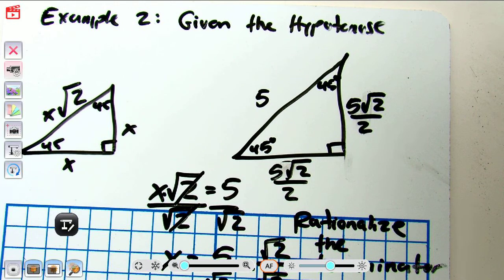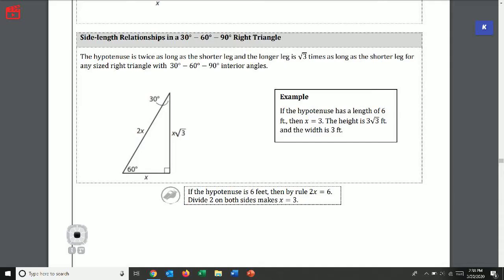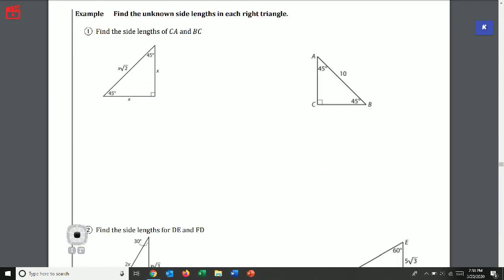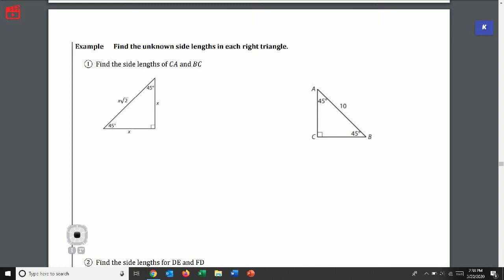So let me go back to the packet. And what I want us to do is look at this example. In this example, we're going to be using the 45-45-90 theorem.